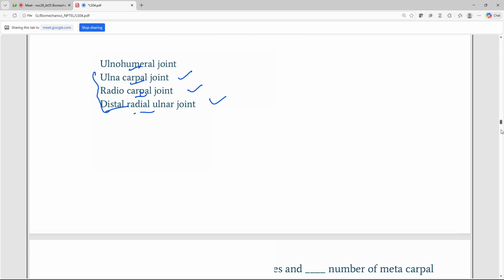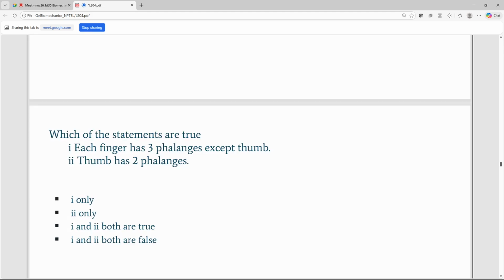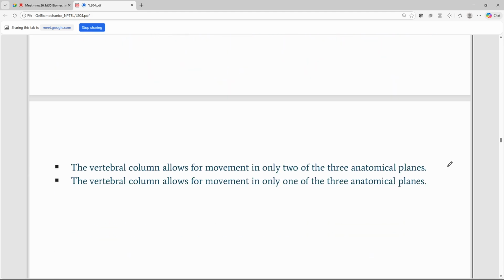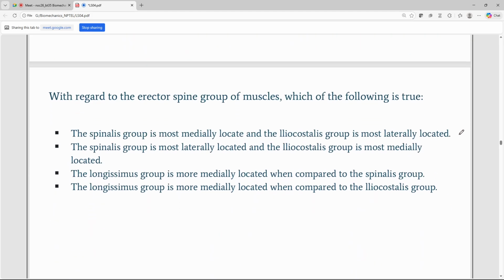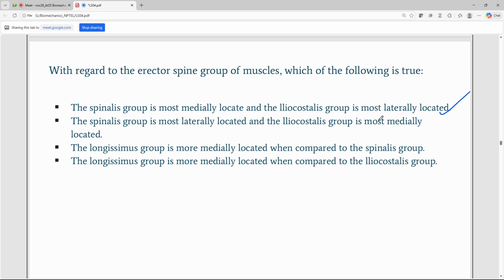There is only one answer, which is option 1, that is the spinalis group is most medially located and iliocostalis is laterally located. That is a little confusing, but try to remember the order.